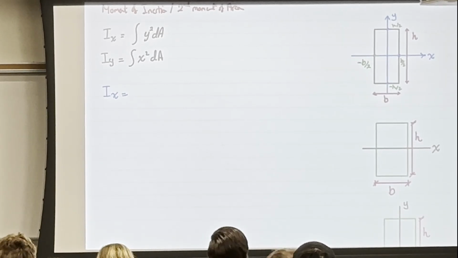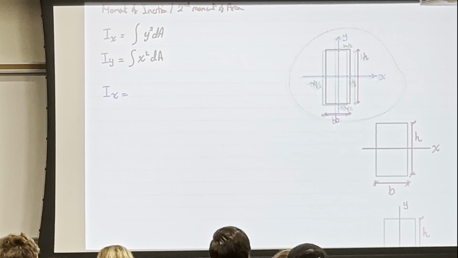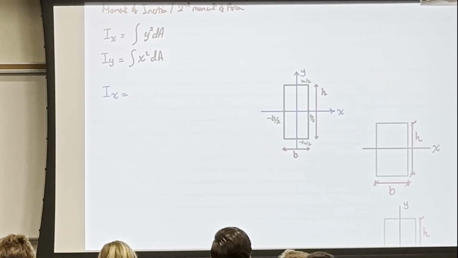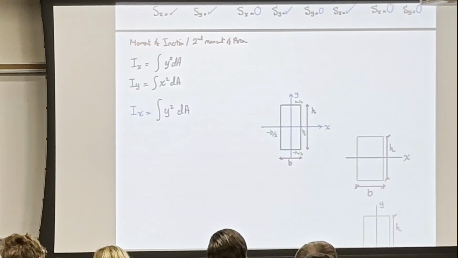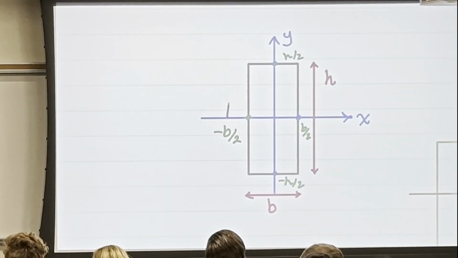Okay? Let me make it closer here just to see it. So what do we have? We have integration y bar d area. So y bar here is the vertical distance. That's what we want to integrate about.